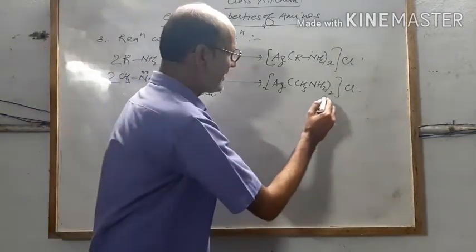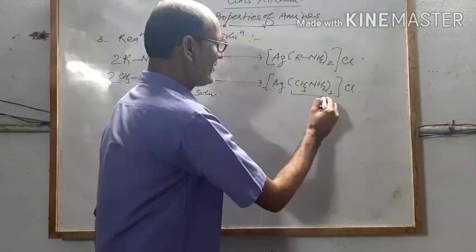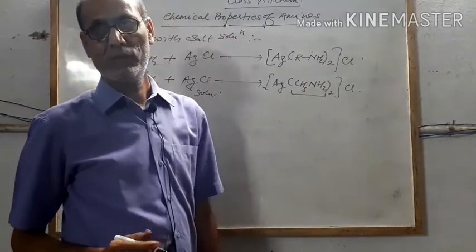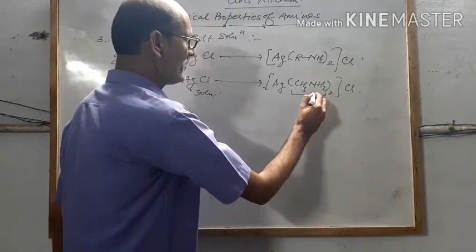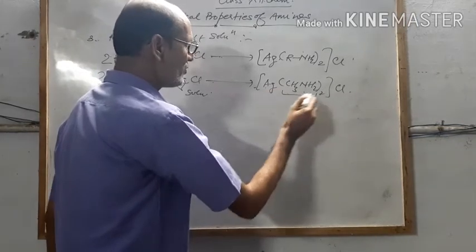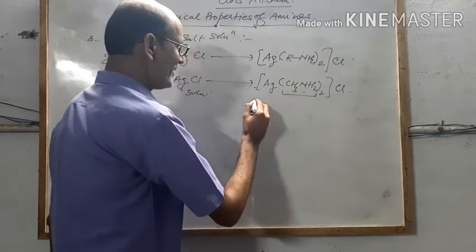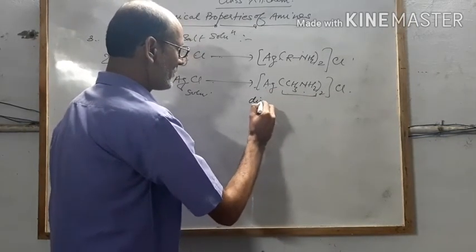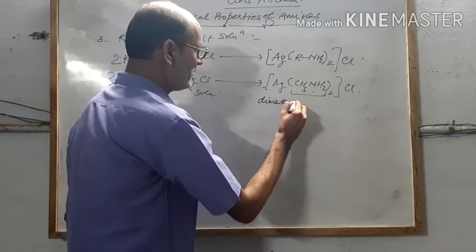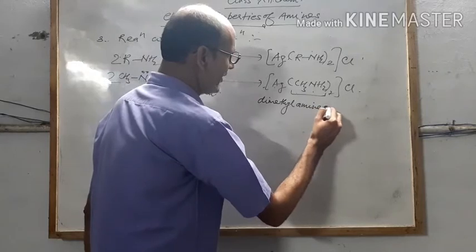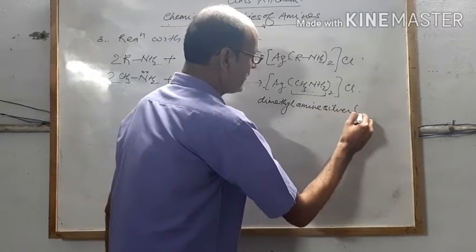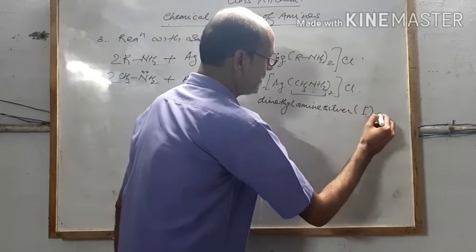According to the IUPAC system, this is methylamine, so the name is dimethylamine silver(I) chloride.